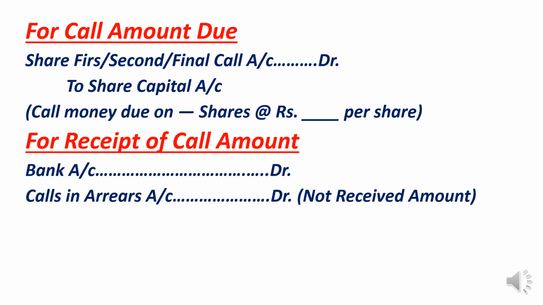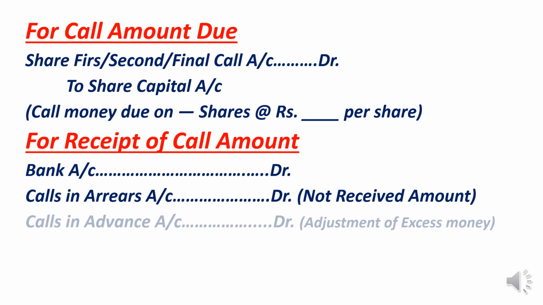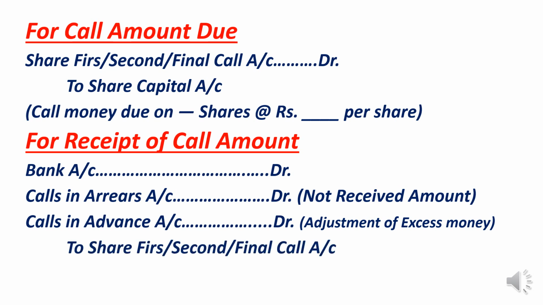Here also, if we don't receive any money, that will be transferred to calls in arrears to the extent not received. Then calls in advance account debit, whatever excess money we received on allotment as calls in advance will be adjusted here. That's the reason why there we credited, and here we are debiting to adjust. To share first, second or final call, being call money received. So these are the basic journal entries that will be passed for issue of shares.